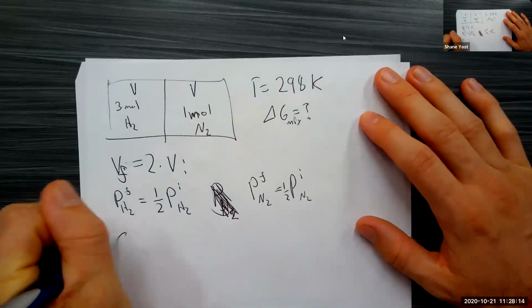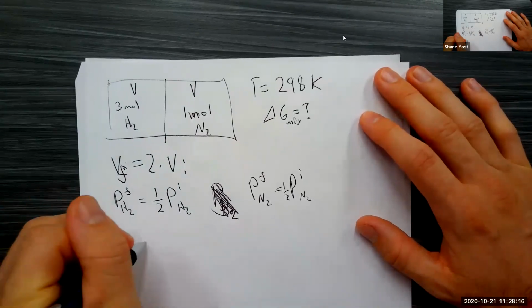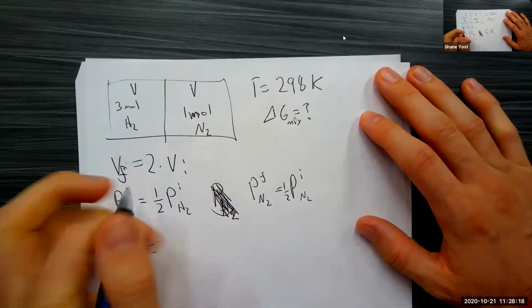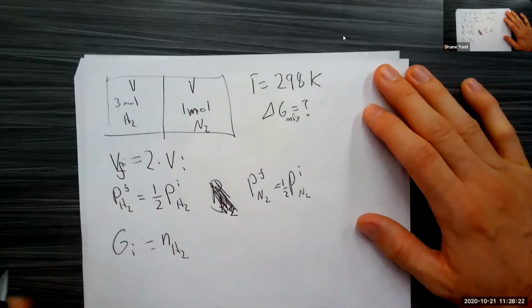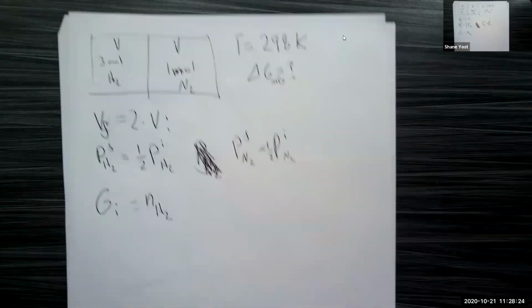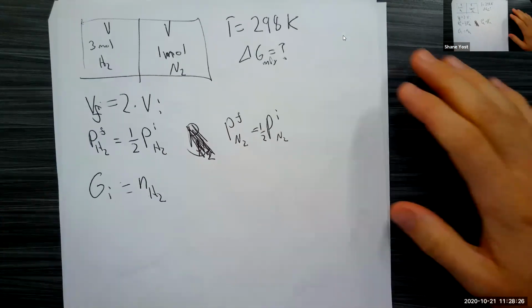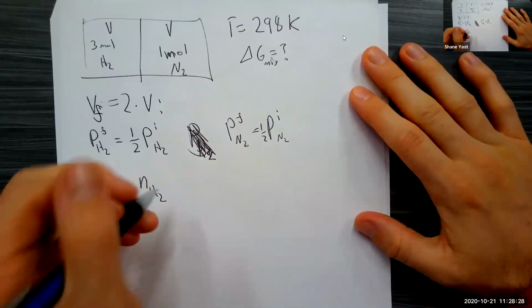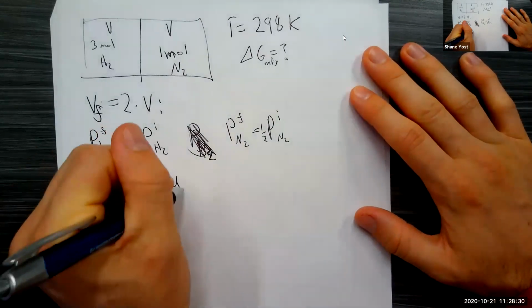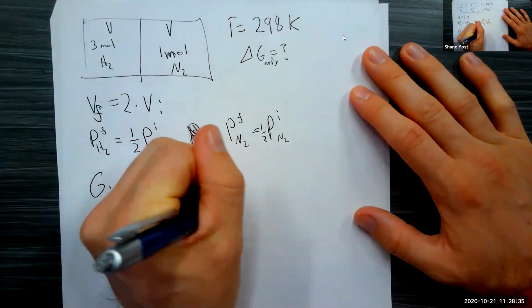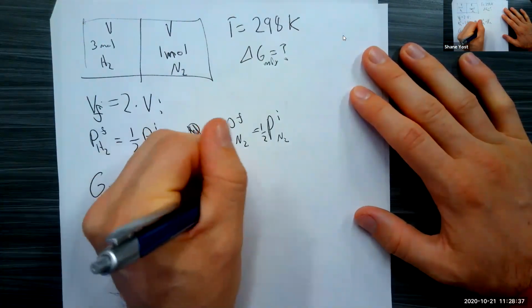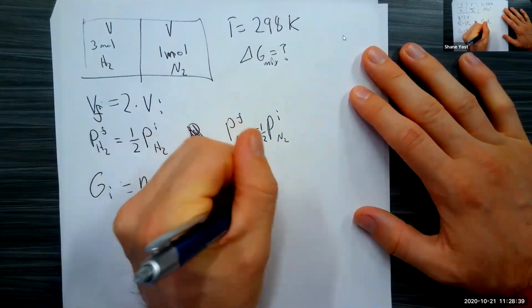So over here, my Gibbs free energy initially is the number of moles of H2, so we can kind of do what was done in the example in class, a little different here. Number of moles of H2 times the chemical potential of H2, plus number of moles of N2 times the chemical potential of N2.